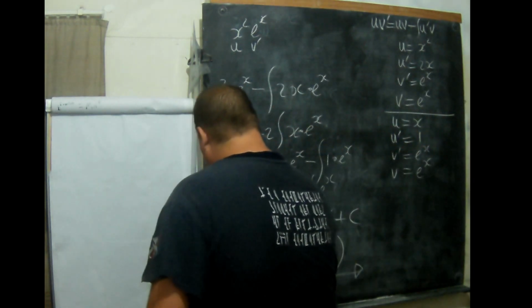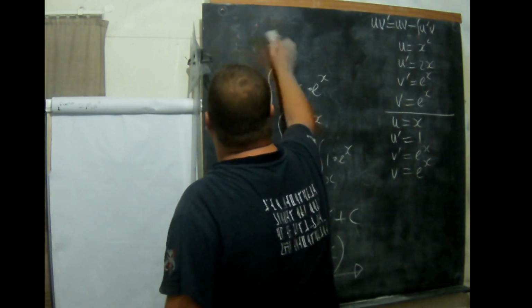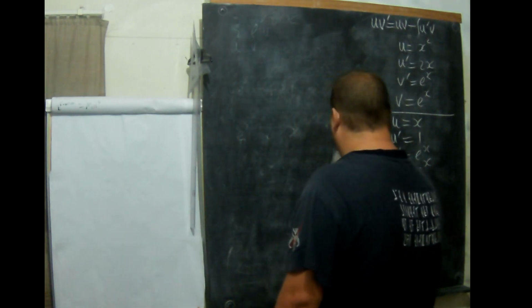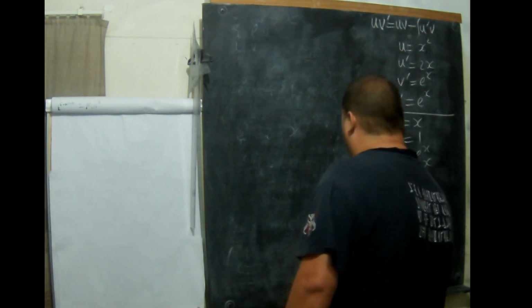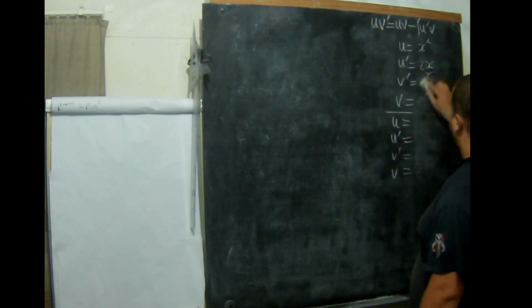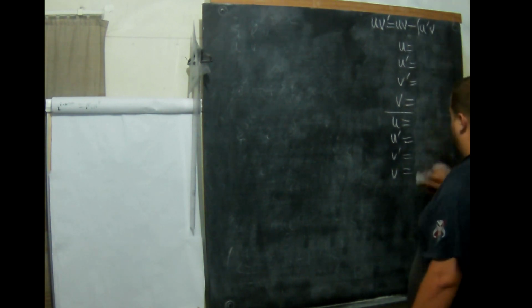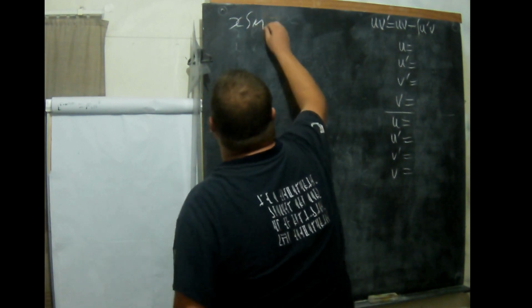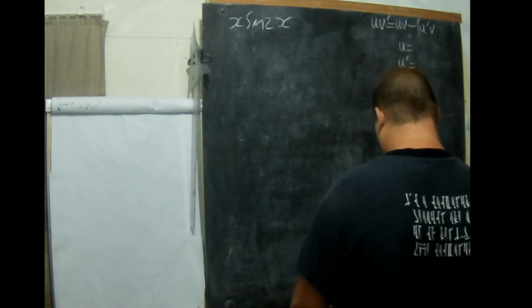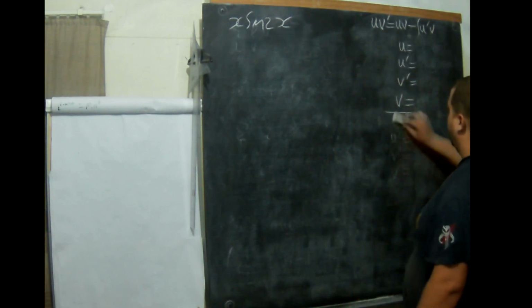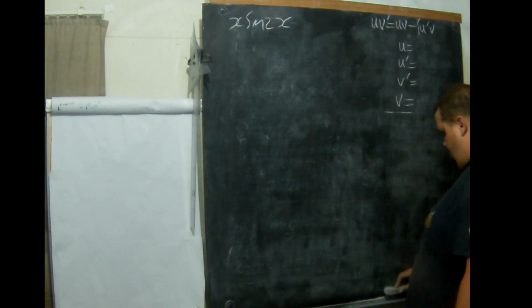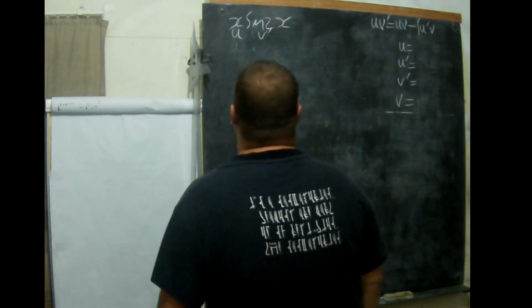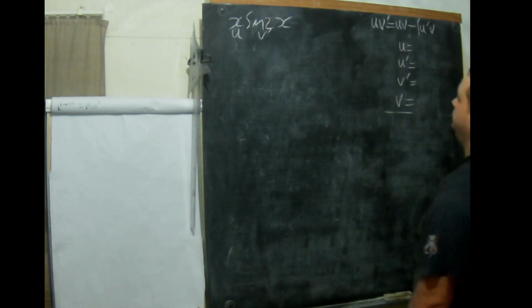Okay, next one. In this case, x will be u, and sine 2x will be v prime.